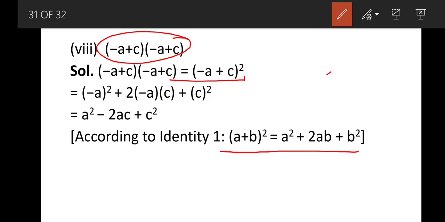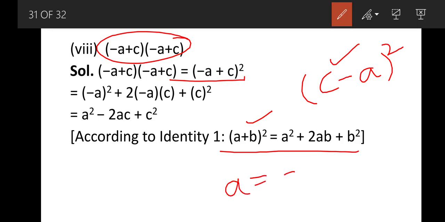Or if I write this as (c − a) whole square, it will not make any difference. So you can use second identity also. I am using first identity because plus sign was there. So a here is minus a, b here is c. Basically you are supposed to compare the terms or the expressions with the identities. Like I have written (a + b) whole square equals a square plus 2ab plus b square.